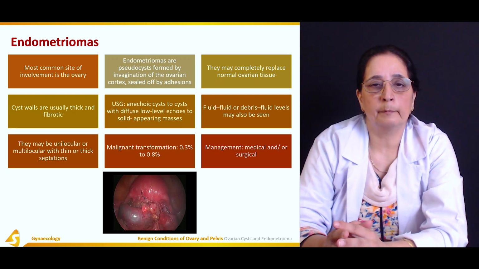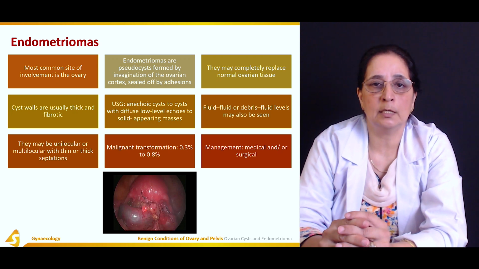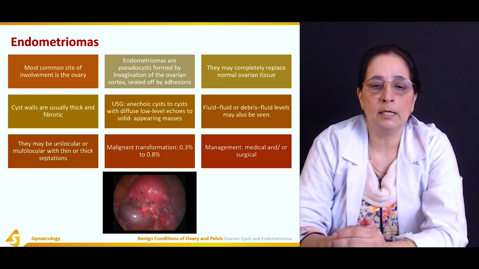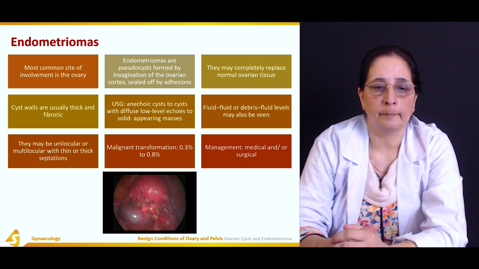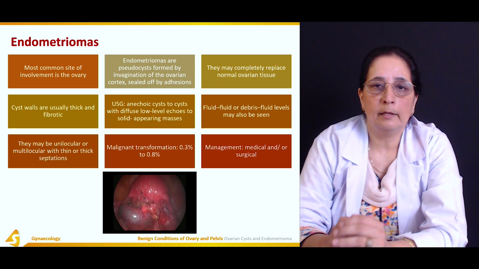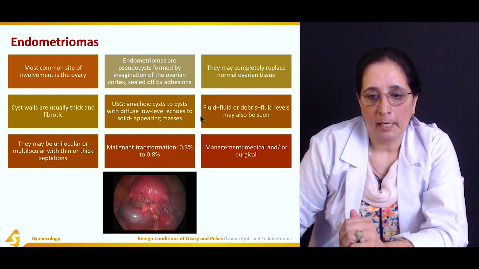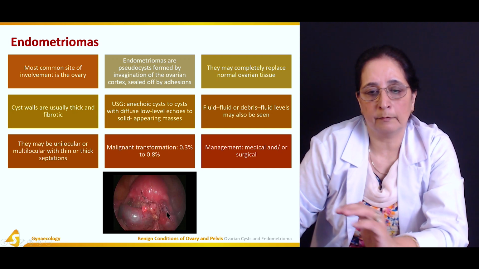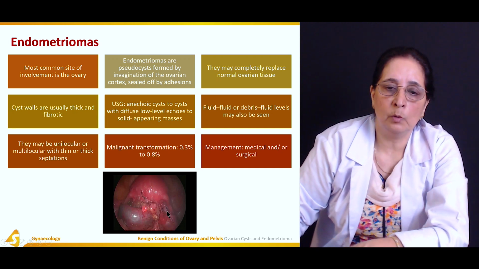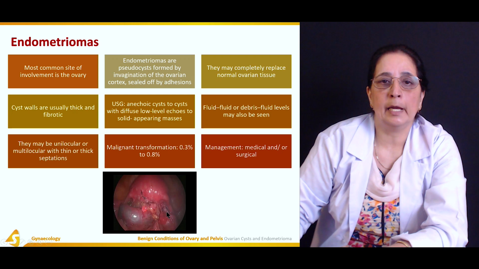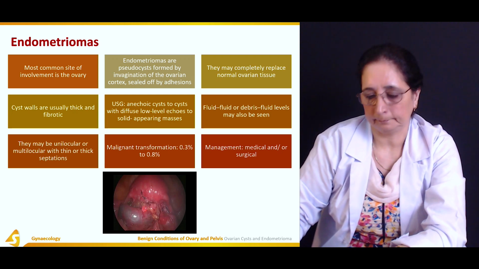These endometriomas can lead to malignancy, with malignant transformation in 0.3 to 0.8% of the cases. It can be unilocular or multilocular, with thick septations present, and multiple cysts are present. Septa are also present for the partition. Can lead to malignant transformation in 0.3 to 8%. Management can be medical or surgical.